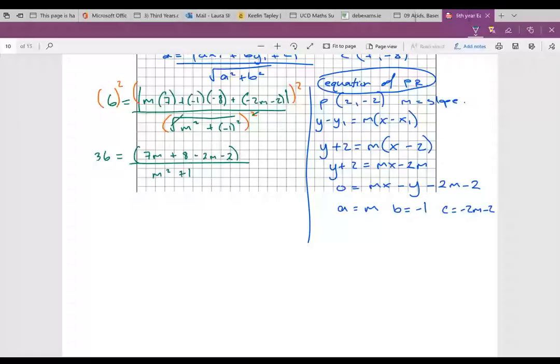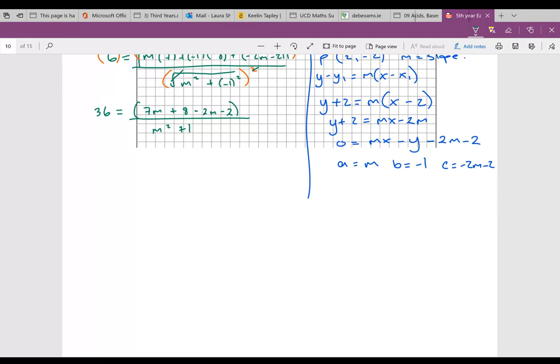Remember, minus 1 squared is 1. So 36, and I'm going to multiply both sides by m squared plus 1. So 36m squared plus 36 is equal to 7 minus 2 is 5m.